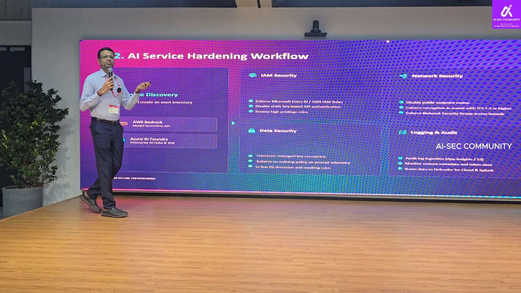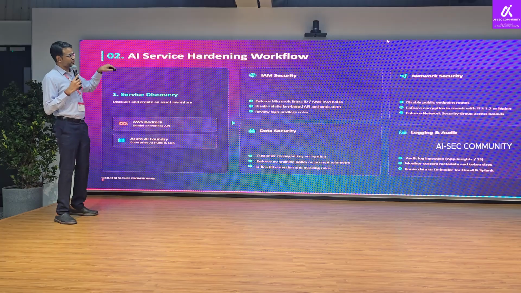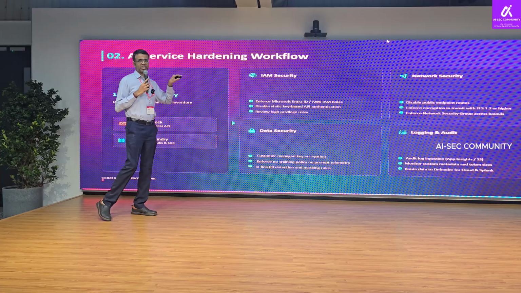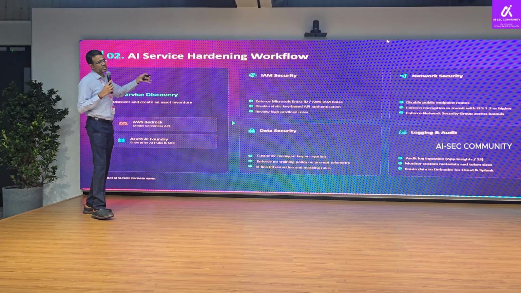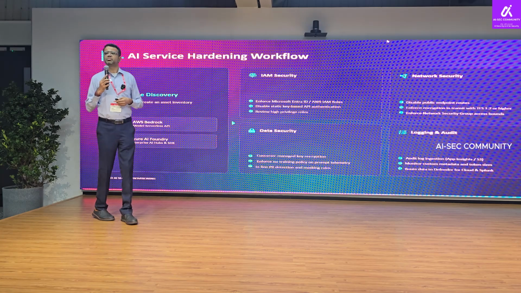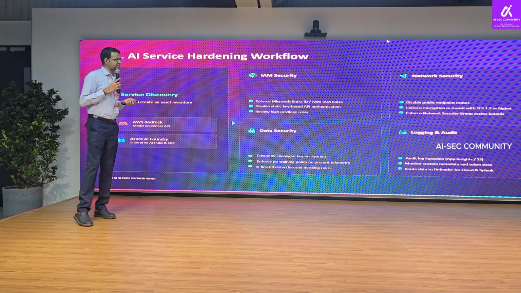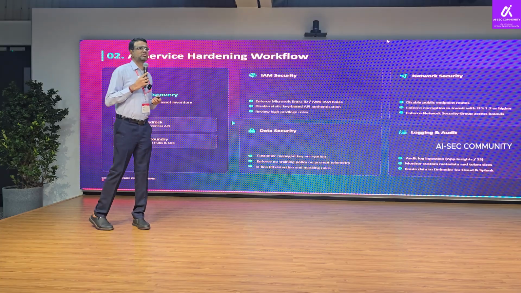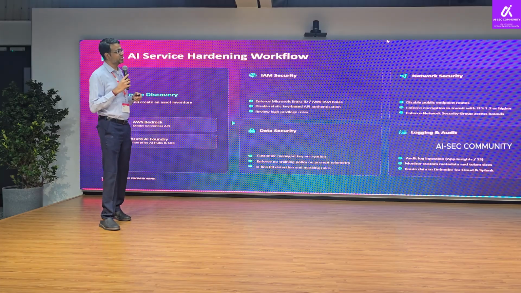Right, I will cover the workflow, which is coming up next, but these are the four domains that I would like to focus on when I'm looking at hardening the services. Right? IAM, for example, is with respect to least privileges, monitoring your permissions, having the governance process for your identity. Network security is about having no public exposure unless and until it is unavoidable.